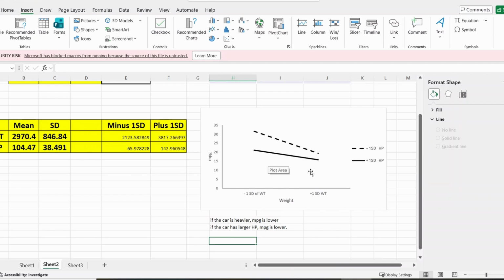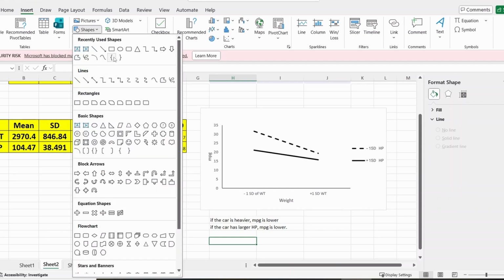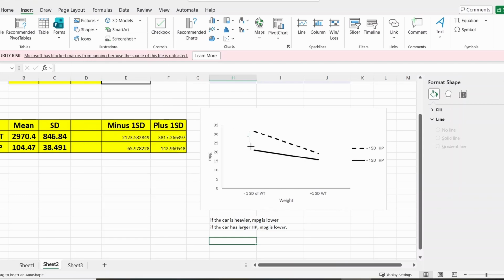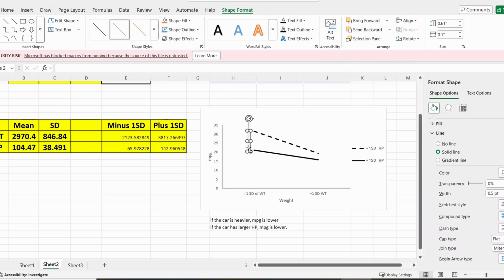But what exactly does it mean? Let me insert a shape. The difference is here.